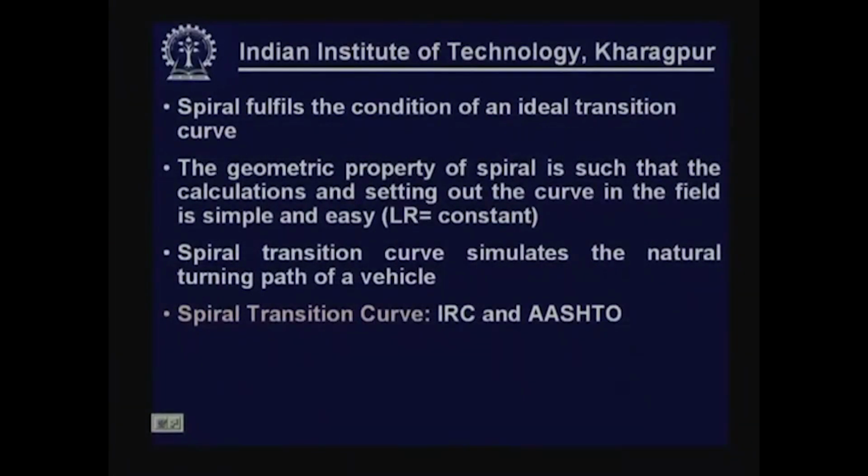Also, the geometric property of the spiral is such that the calculation and setting out of the curve in the field is simple and easy, because R is inversely proportional to L, or L is inversely proportional to R, that means LR is constant.